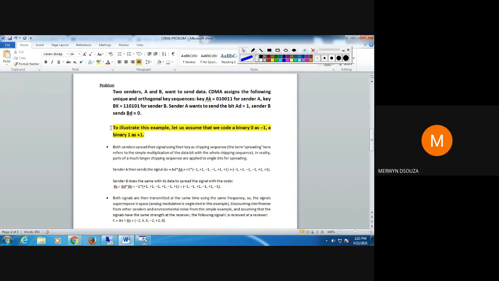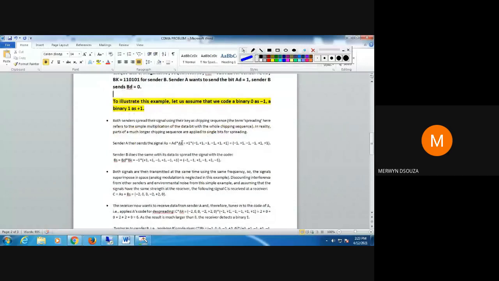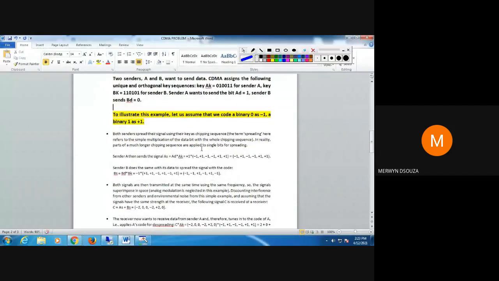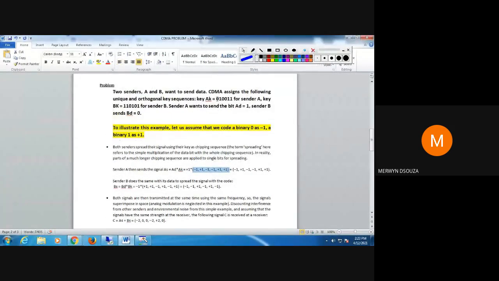So just replace 0 with -1 and 1 with +1. This is your value after replacing. So your A key will look like this. 0 has been replaced with -1, 1 has been replaced with +1, and so on.